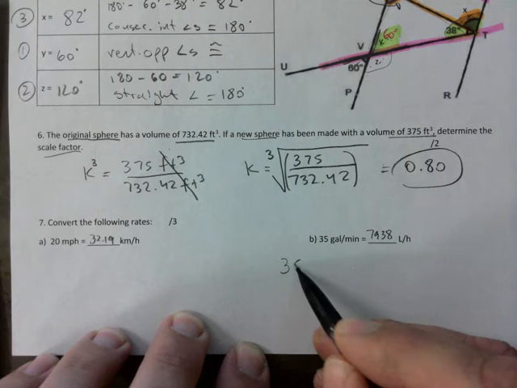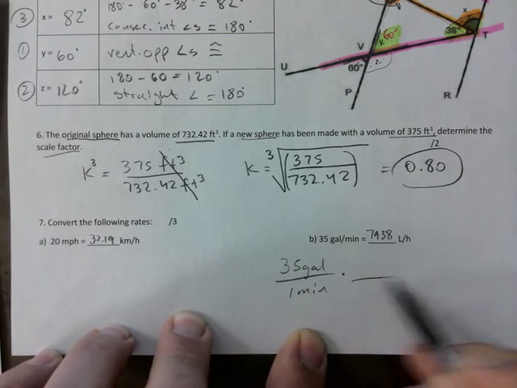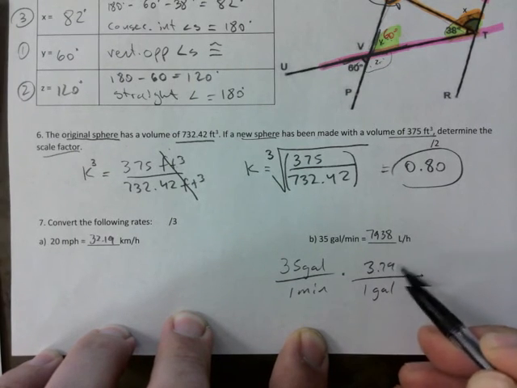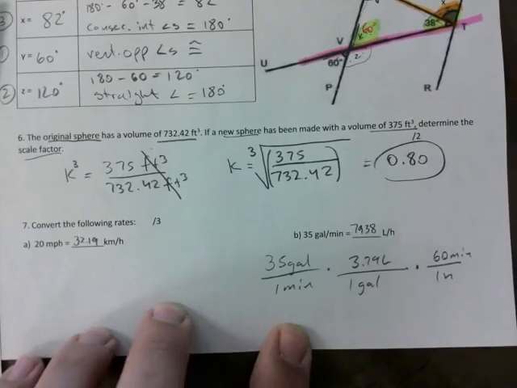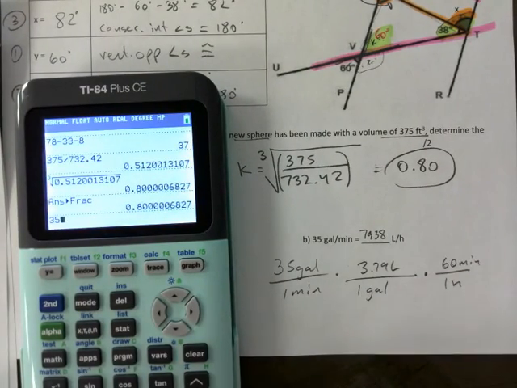All right, you're forcing my hand here. All right, so liters per hour. So 1 gallon has 3.79 liters. And 1 hour has 60 minutes. So let me see. Clear, 35.